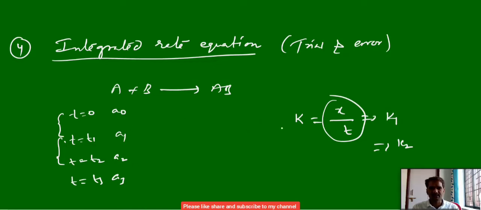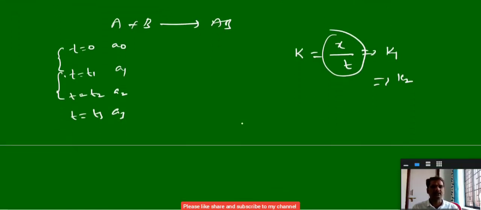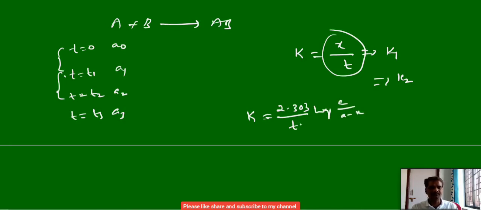And if this data does not fit this particular equation, then you can go with another, say the first order equation. Again you take the first order equation, K equals 2.303 by t log A by A minus x. Again you substitute the given information in this equation and identify the rate constants at various time intervals.